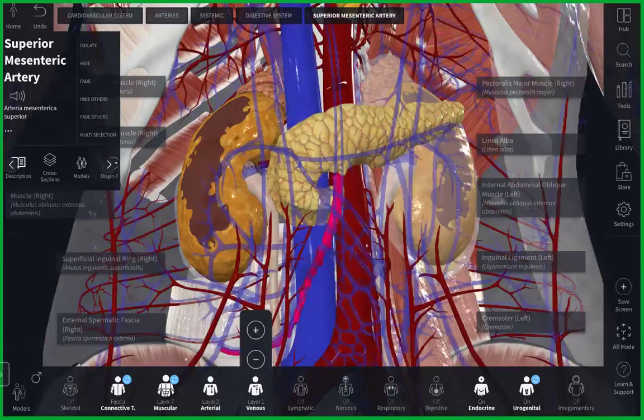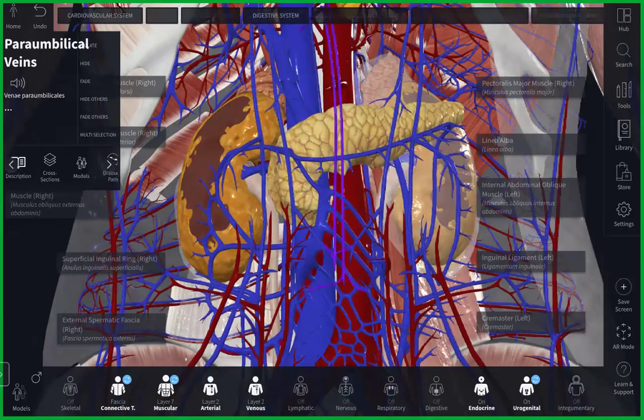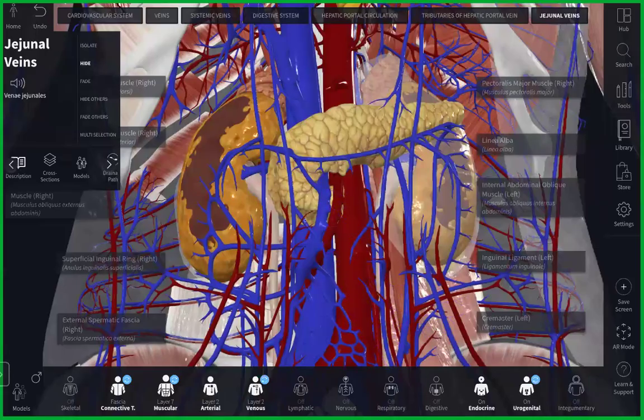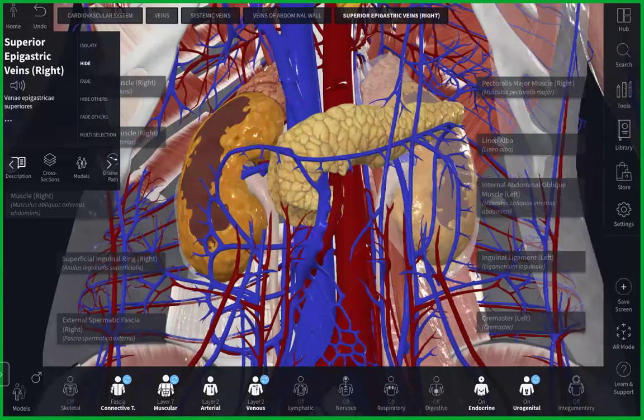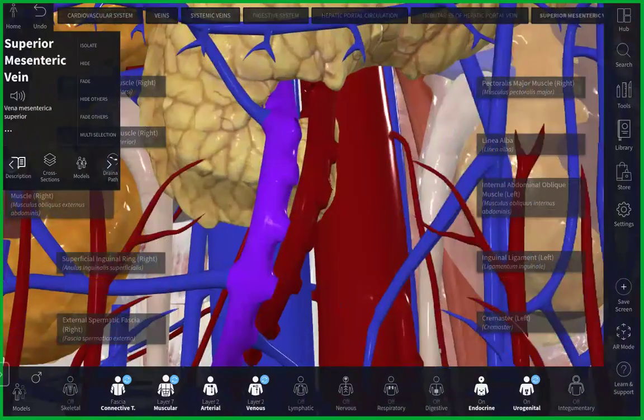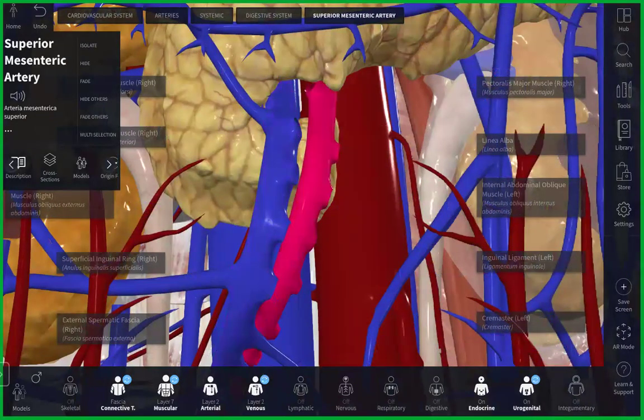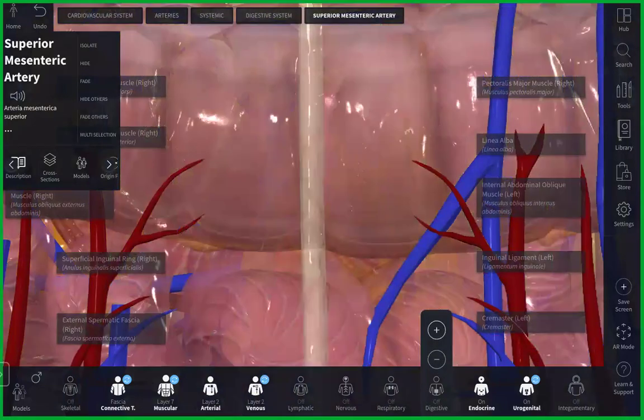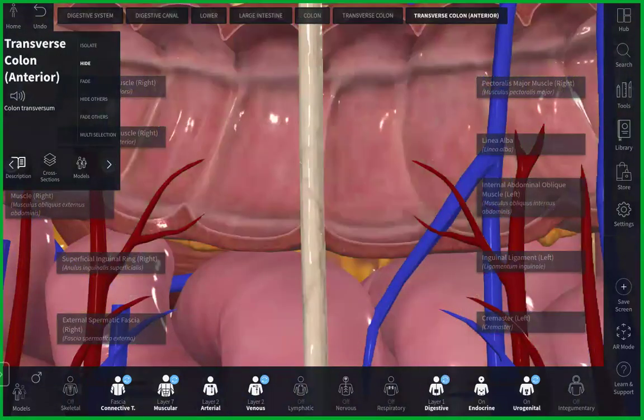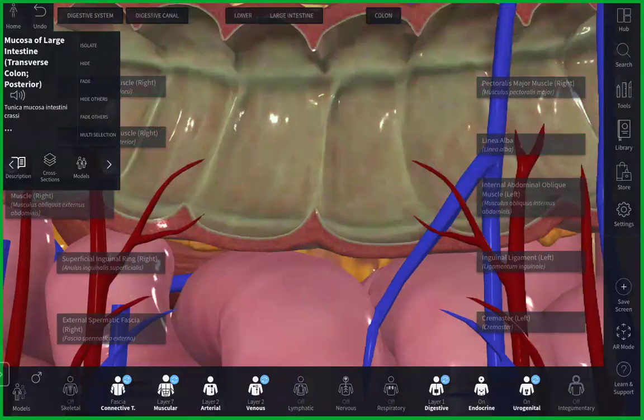Let me add the veins too. So here we have it, superior mesenteric vein, superior mesenteric artery. Now if we add the digestive system, layer by layer you can see things get complicated, right?